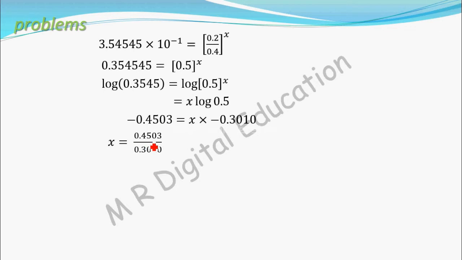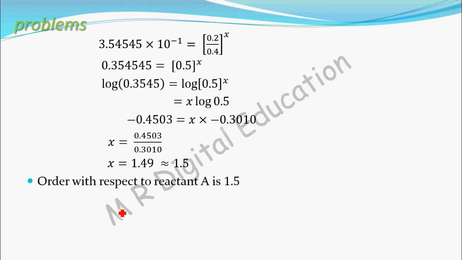So x equals 0.4503 divided by 0.3010. Divide this, you will get x equal to 1.49, that is nearly equal to 1.5. So order with respect to reactant A is 1.5. You have calculated: order with respect to B is 0 and order with respect to A is 1.5.